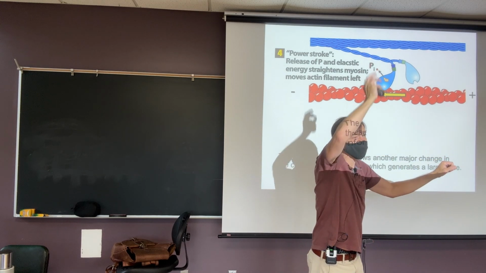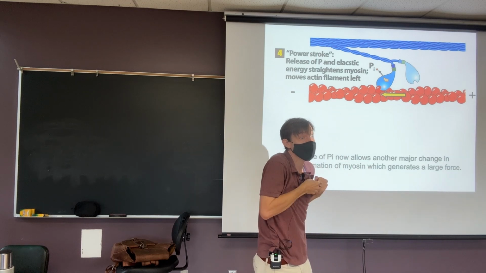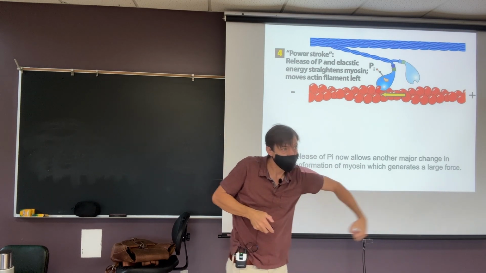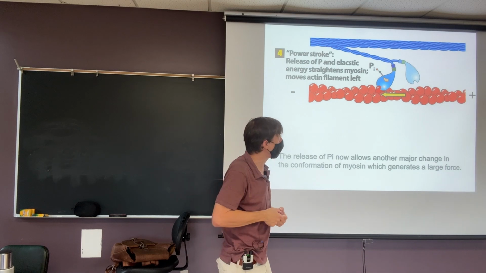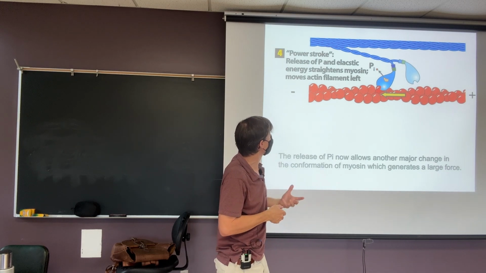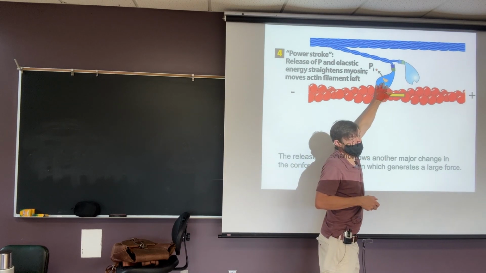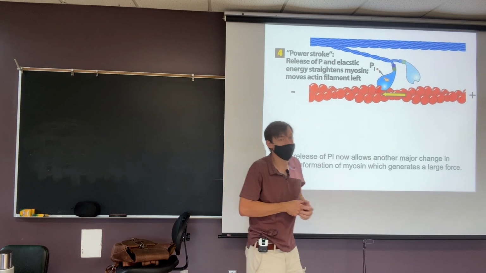That phosphate pops out, and then the spring can contract. When that spring contracts, it rotates the head, and it causes a force. And now we're back to ADP, bound to an actin filament.